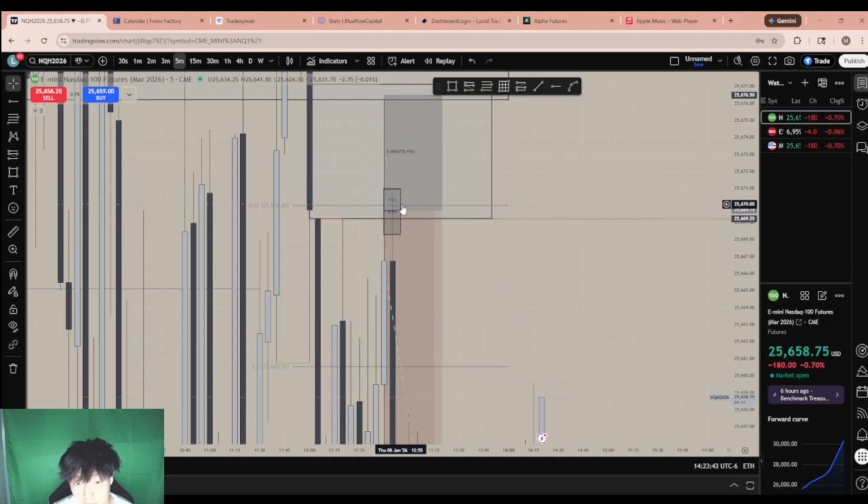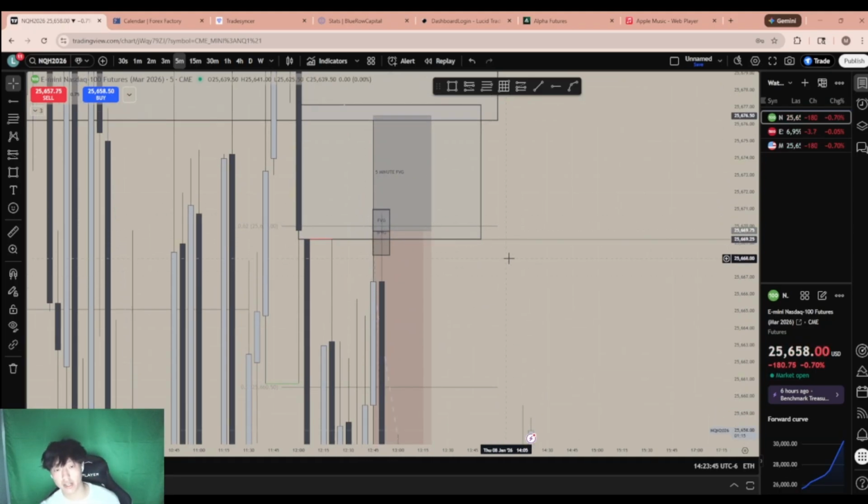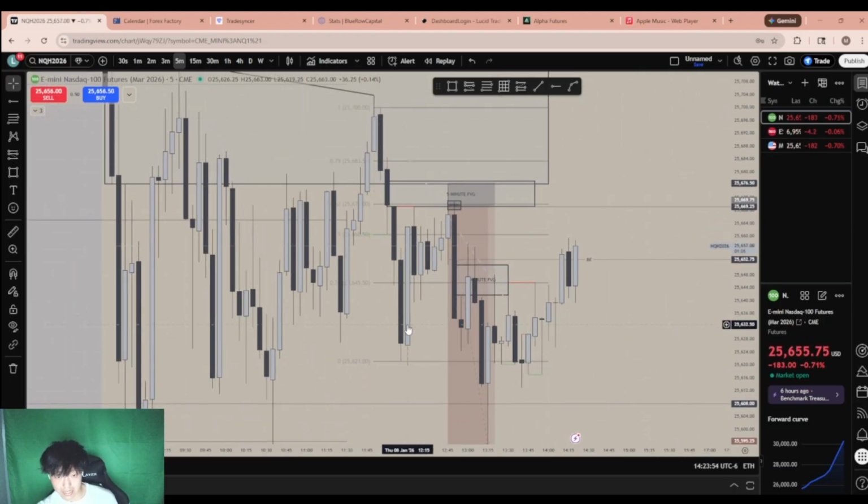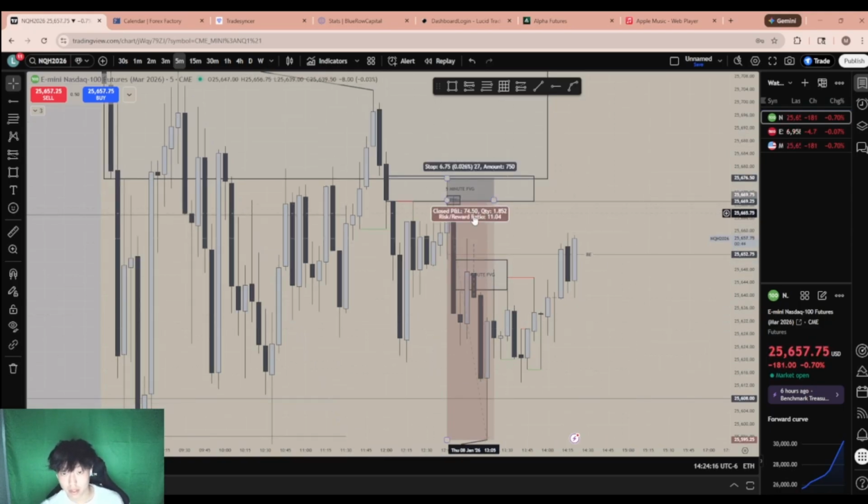This 5-minute fair value gap pairs up with this 0.62 mark pretty nicely, right? So it's just another added confluence. This clean 5-minute down leg, top of this wick, bottom of this downward candle wick, not this up leg. It just has to be the same downward candle leg. That's how you use the fib. It's that 0.62 mark.